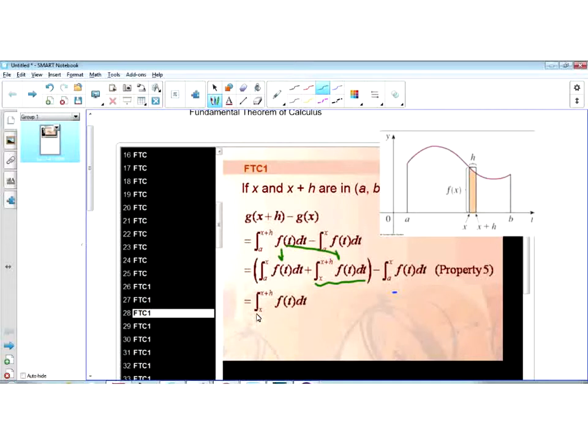Okay, so g of x plus h minus g of x is equal to the width of the strip, x to x plus h, times the height of the strip, which is f of t. All right, so this is the fundamental theorem of calculus part 1.